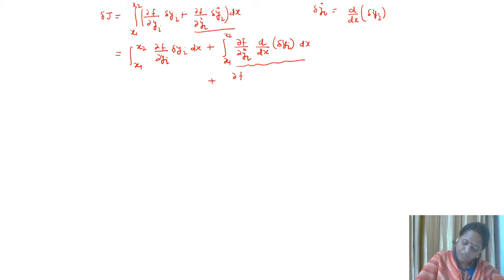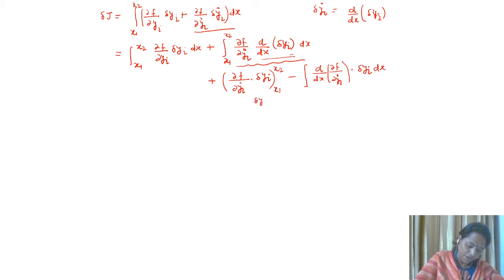It will be first function, then integral of second function, which is delta yi, from x1 to x2, minus derivative of first function, and then integral of the second function, which is delta yi dx.